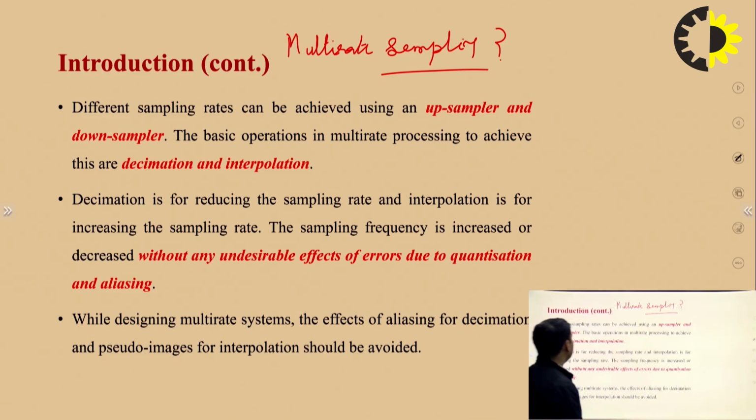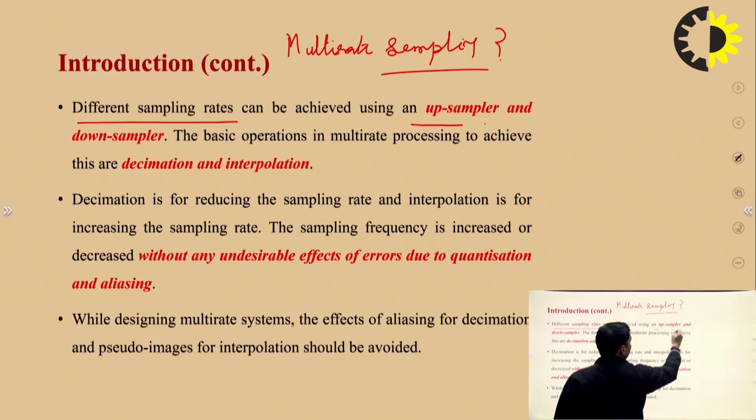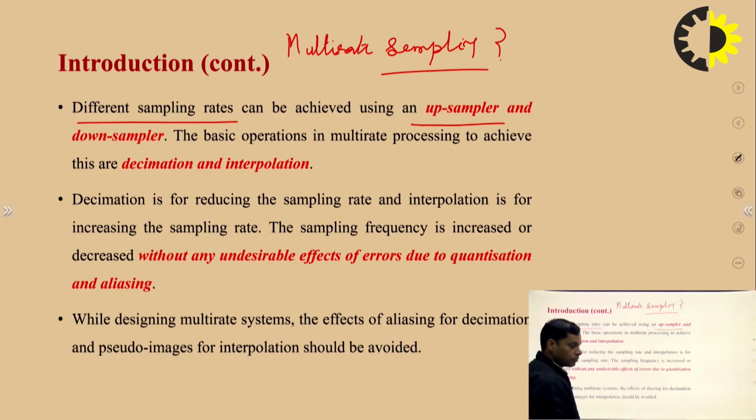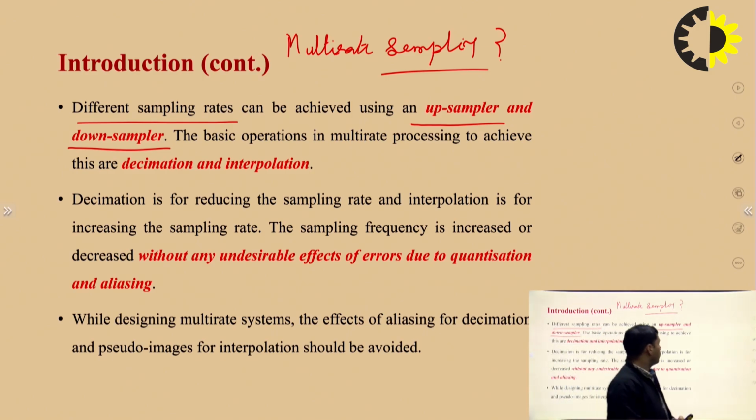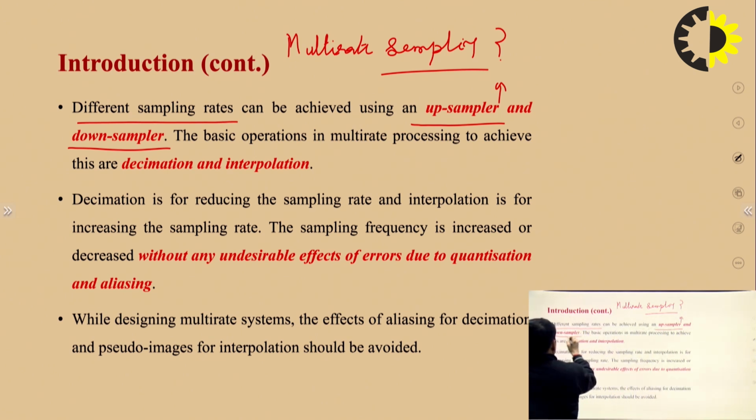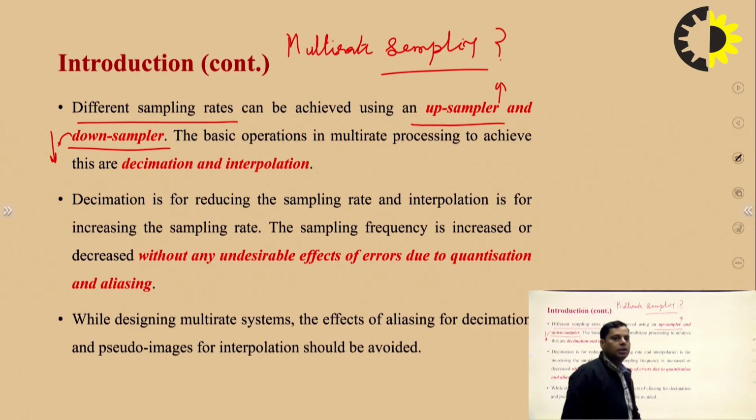Different sampling rates can be achieved using an upsampler and a downsampler. With an upsampler we increase the sampling rate, and with a downsampler the sampling rate is decreased.